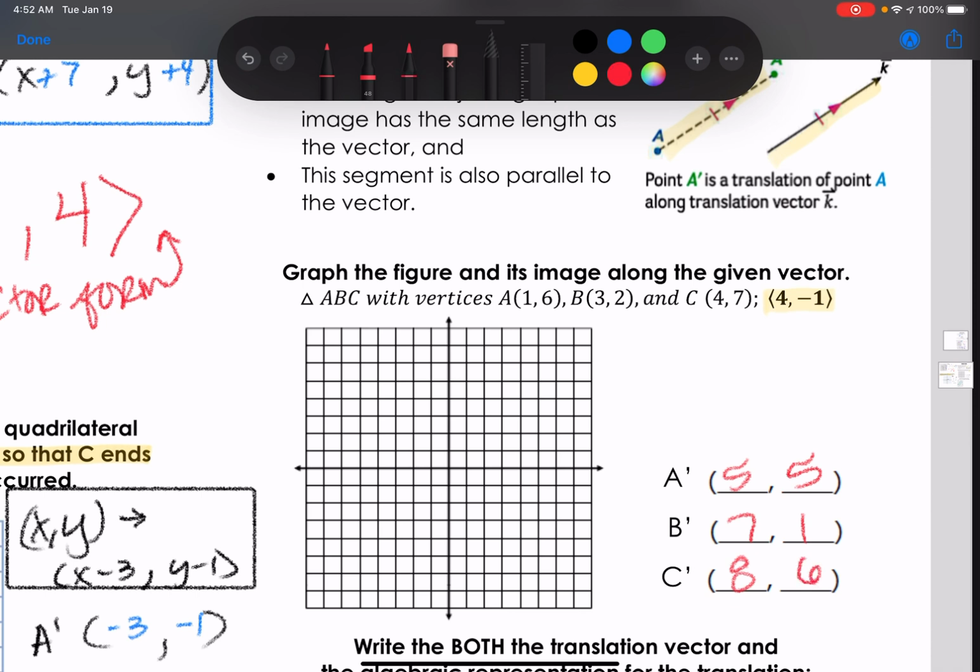Now, it did ask you to go ahead and graph these. So please be sure to do that. I am going to do the same. So if you want to pause your video real quick, so that way you can have it graphed, you totally can.